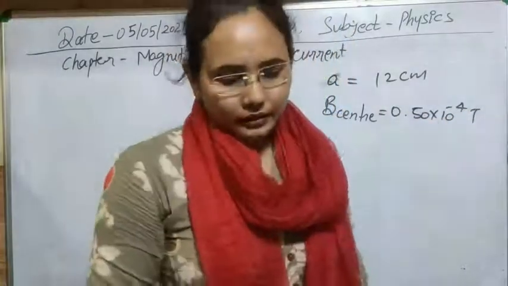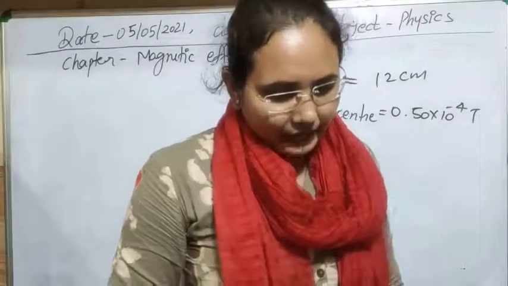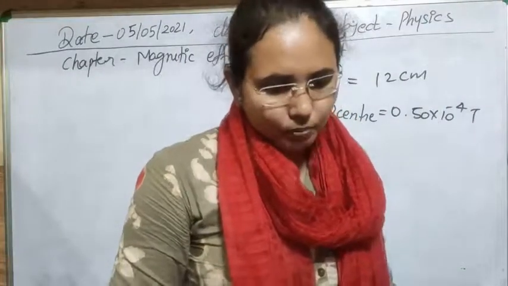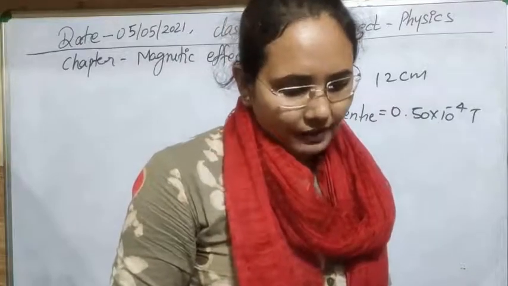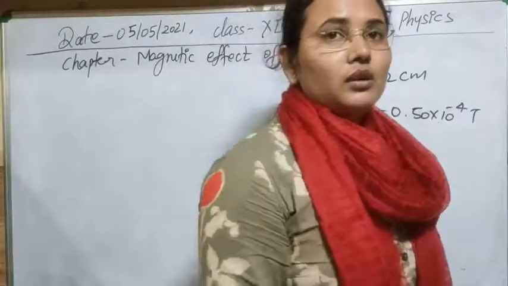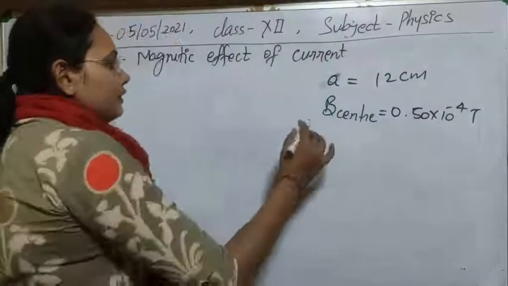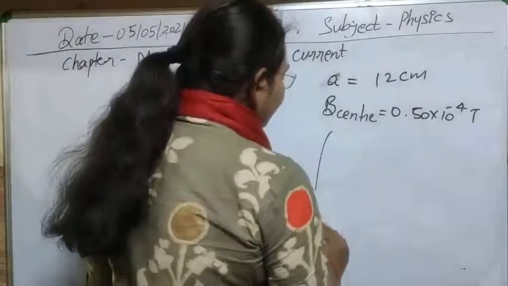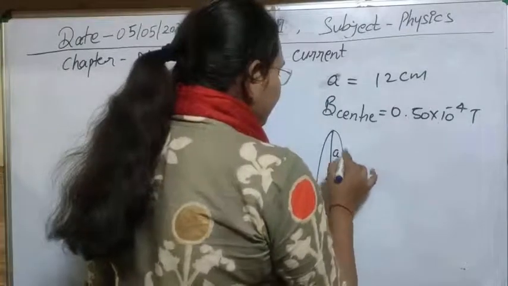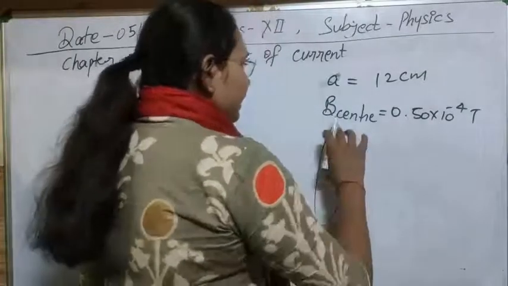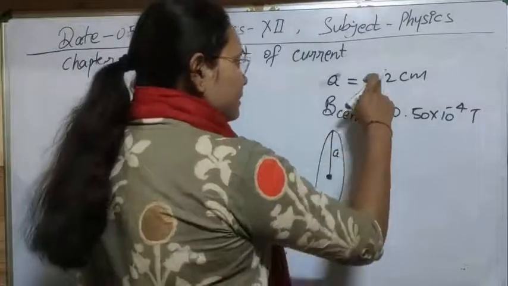Next, find the magnetic field due to this loop at a point on the axis at a distance of 5 centimeter from the center. Suppose we have this loop, this is its center, and this is the radius. At its center the magnetic field is this, and the radius is this.